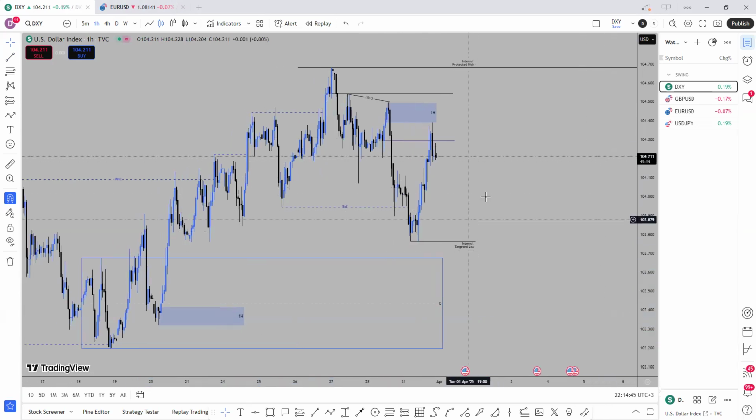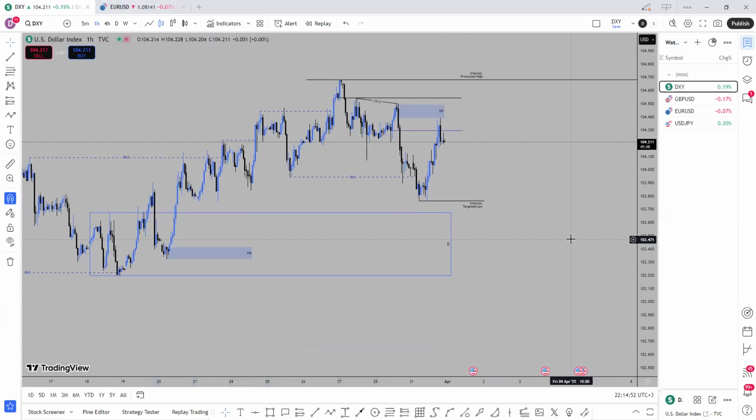Okay, so this is the refined daily order block. If this 1 hour bearish order flow is to hold, then we are coming to this order block, and this is the refined 1 hour order block that we should be taking our trades from.